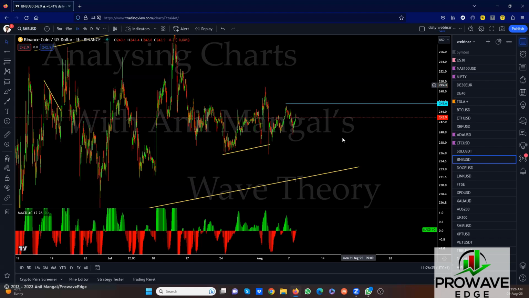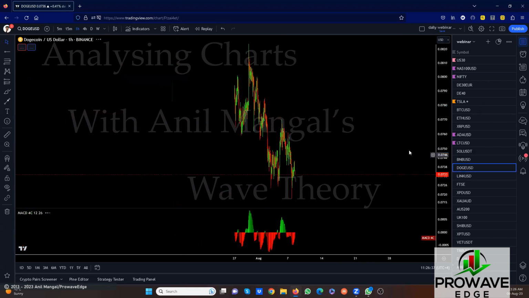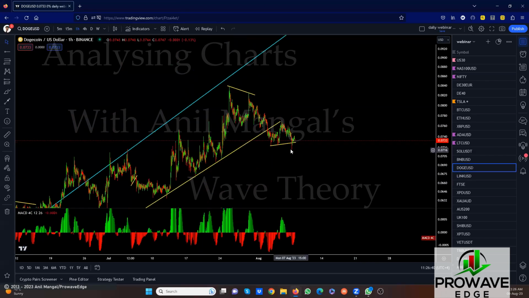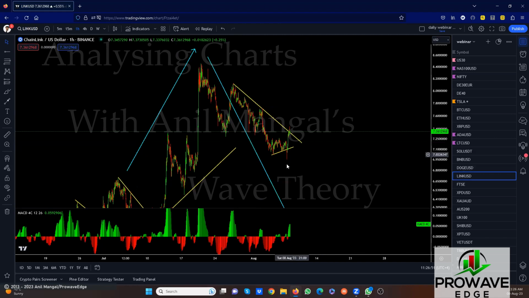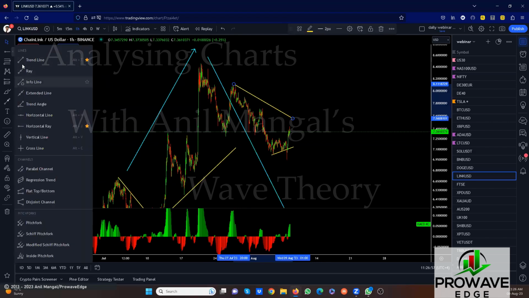Dodge. We broke the low, we're pulling back, same thing. We're starting to look for buy setups. And Link also broke the low and pulled back. So now you're looking for a possible running flat here, which is this, and then the sell.